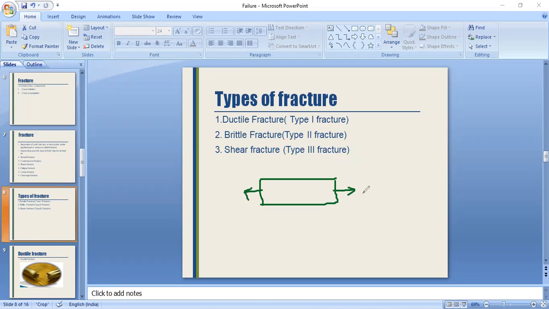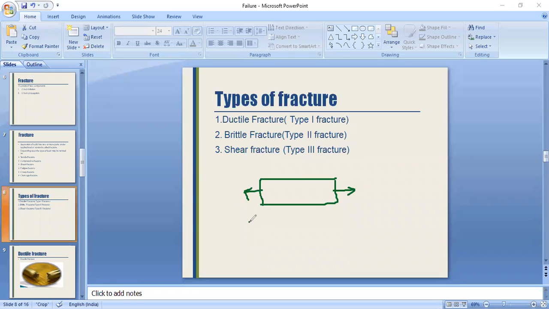Due to that, what happens? The material starts to deform.